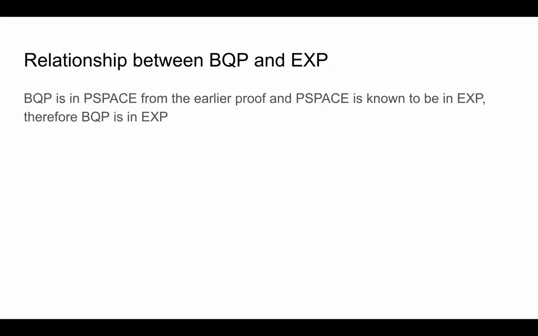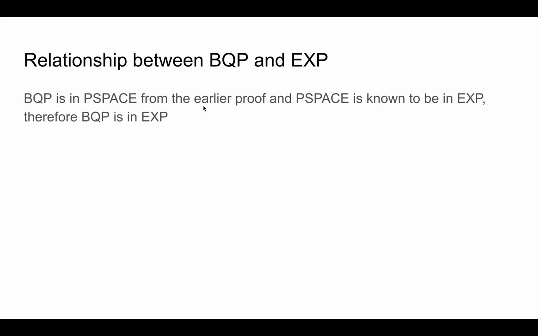And then we also know the fact that PSPACE is contained in EXP. Specifically, PSPACE refers to all the problems solvable using a polynomial amount of space, and EXP refers to the problems that can be solved using a deterministic Turing machine in exponential time. So anything you can solve in a polynomial amount of space, you can solve in an exponential amount of time.